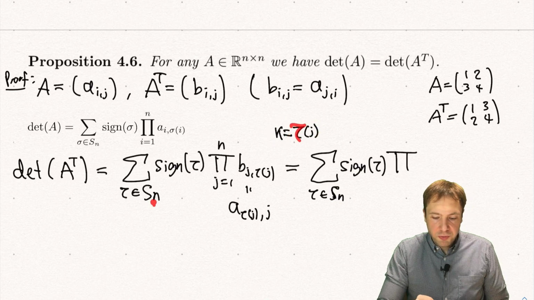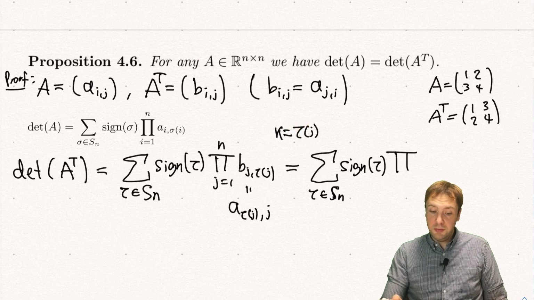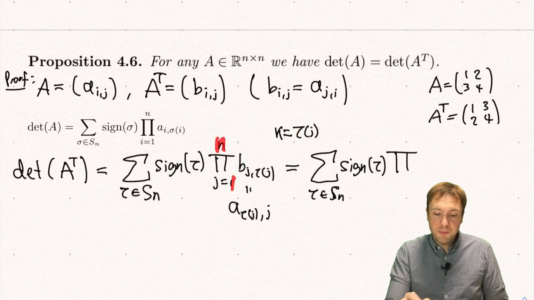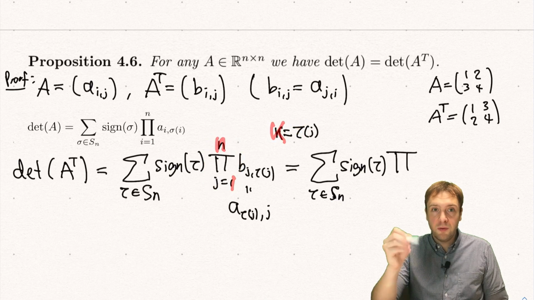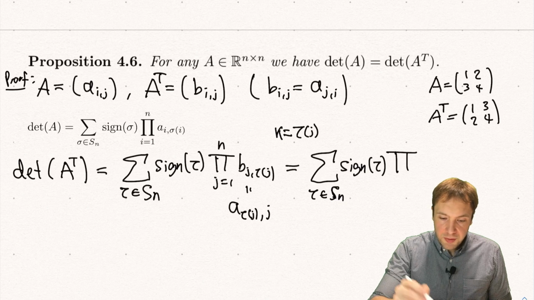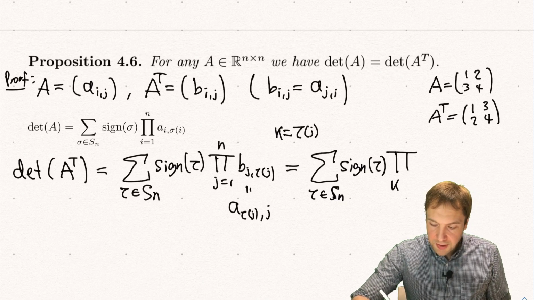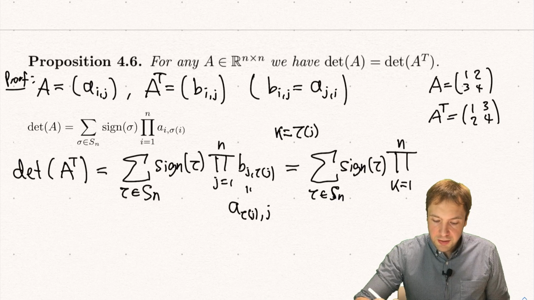Since this tau is a permutation, this is a bijective map. So taking the product over all j going from 1 to n, this also means that this k runs from 1 to n. So this is just the same as the product k goes from 1 to n.